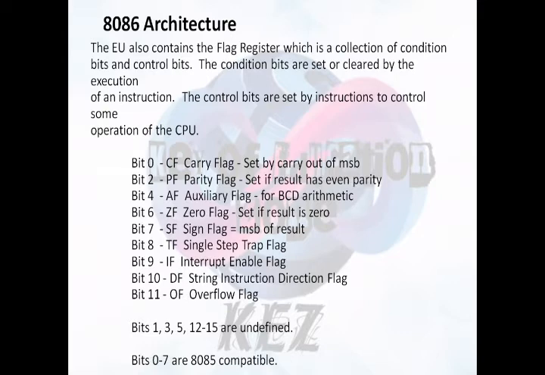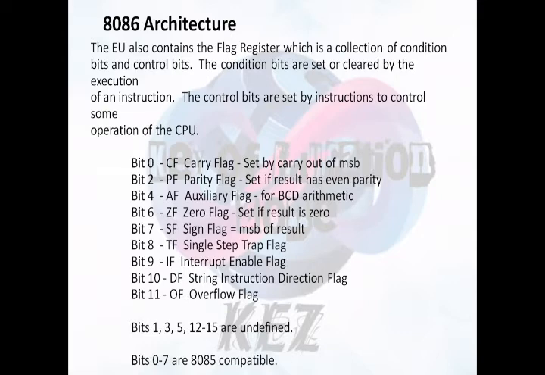Now what purposes these bits are used for is given here. How all these instructions will work is given in the discussion. These are part of the EU, which means they are all related to our execution purpose. And here what you have to remember is that all these directions are also given to you.